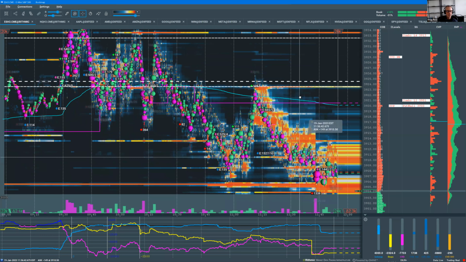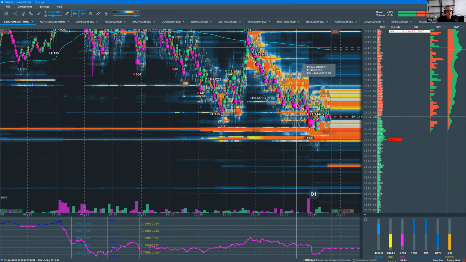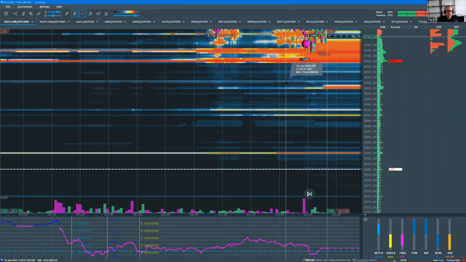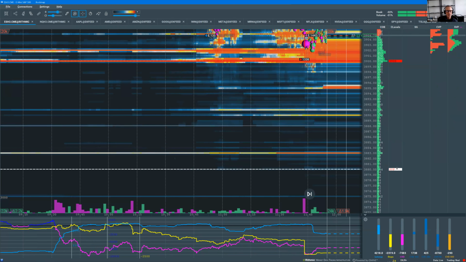So I'm looking at the next level down. Let's just scroll down. So there's the ES 3,900. There's the next support level, and that is the SPX 3860, and that was noted in the AM Founders Note.